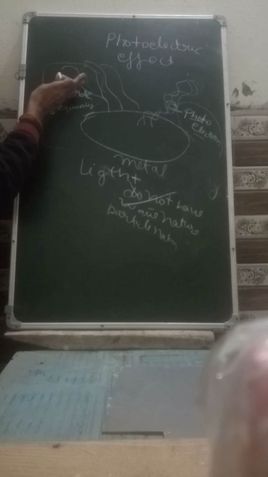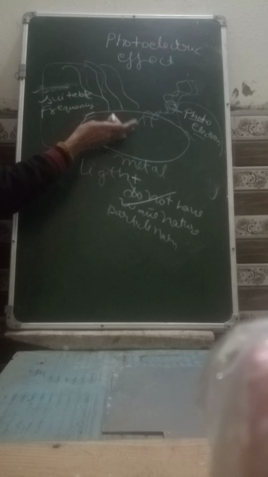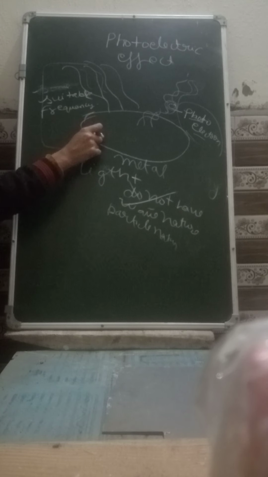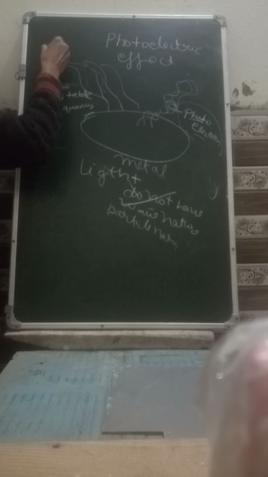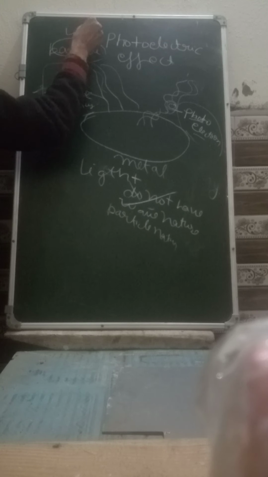So here light is a wave. If light is a wave, then how can an electron, which is a particle, come out of the metal surface? This can only be possible if we consider light as a particle.